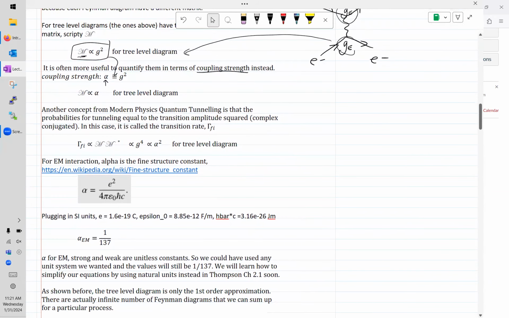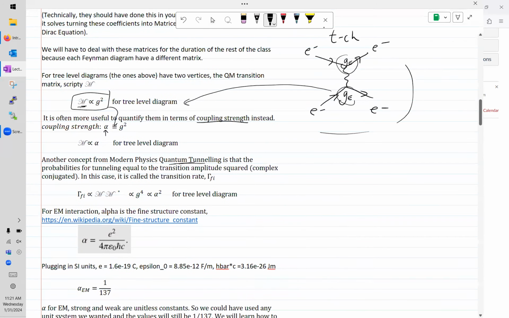In modern physics, when we were calculating quantum tunneling probabilities, we have to calculate the amplitudes squared in order to calculate the probability. The same thing happens in particle physics. In order to calculate the probability, you don't want the matrix itself, you want the matrix squared.